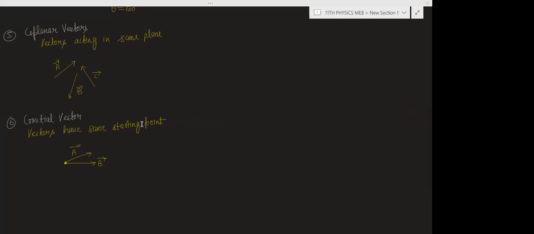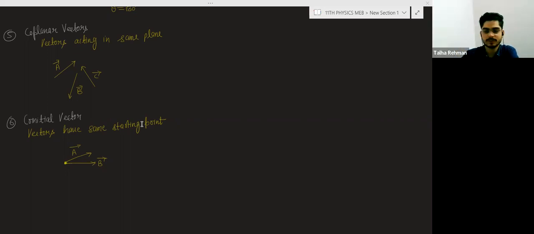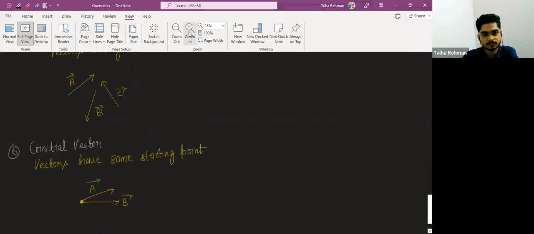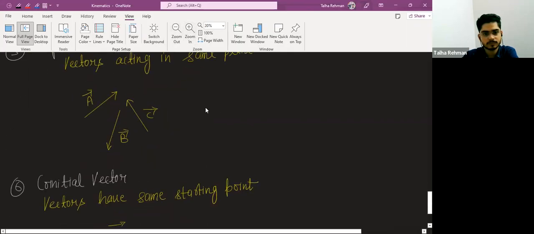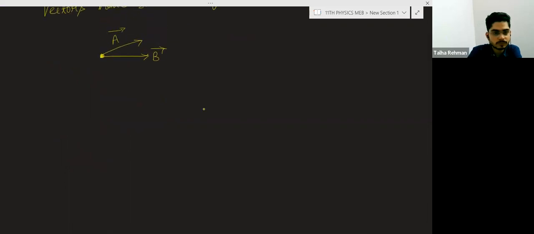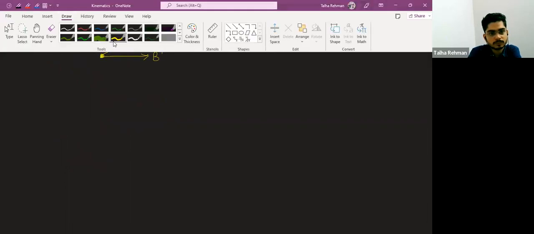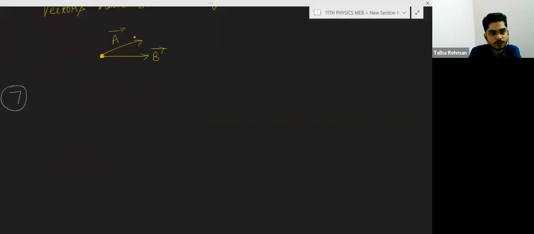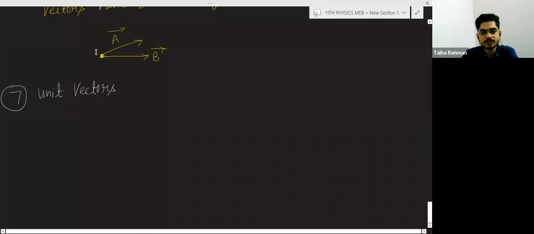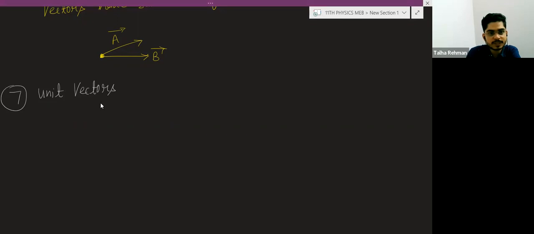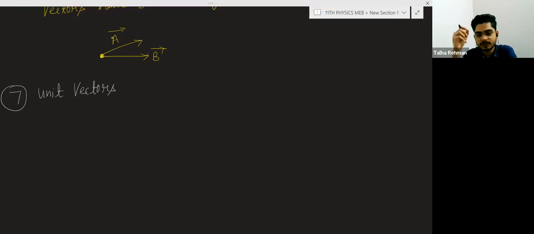Okay, so now unit vectors. Unit means one. So a unit vector, you can say, is a vector with magnitude 1.